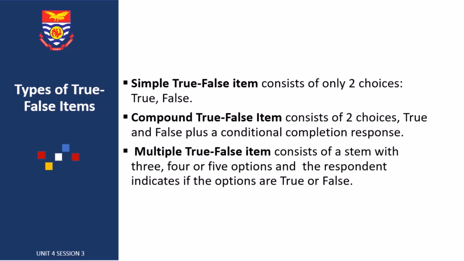If, for example, a statement is false, the respondent is also required to indicate what makes it false. You state the reason. The multiple true or false item consists of a stem and 3, 4, or 5 options. A respondent indicates if the options are true or false.